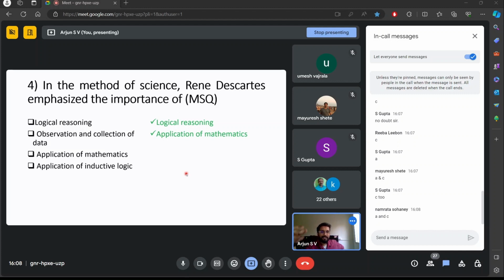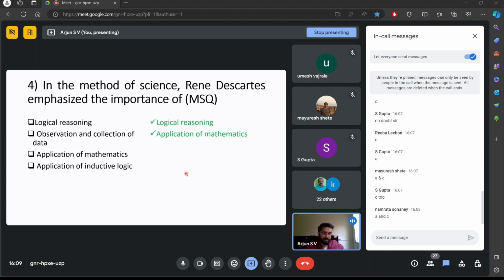I'm just saying it because it's an MSQ. Application of inductive logic, obviously Francis Bacon, and observation and collection of data, once again Francis Bacon. You collect data, observe it, infer from it, and conduct experiments, observation, collection of data, and then you infer from it.